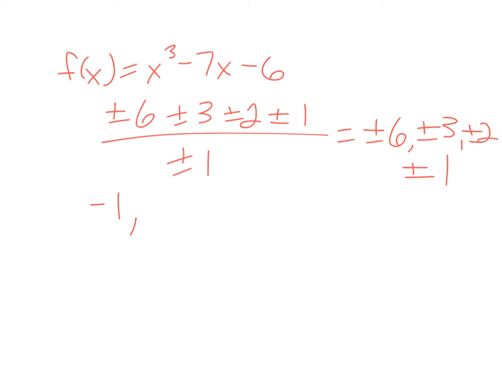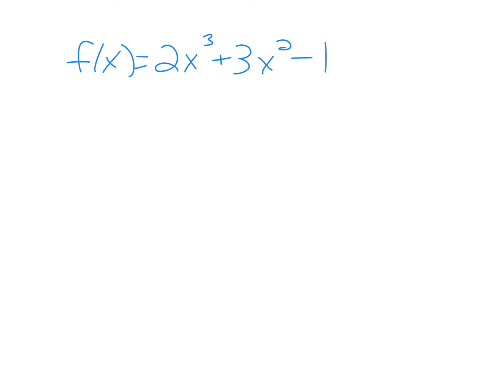So -1 works. Also, -2 also works, and 3. So we have 3 solutions for this, okay? And we know there aren't any more because, as we went over in the first slide, since the highest power is 3, how many zeros should we have? 3. So we did. Yay.